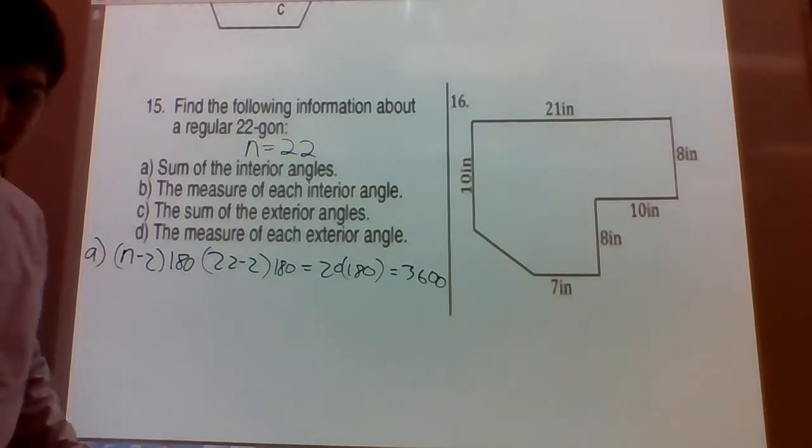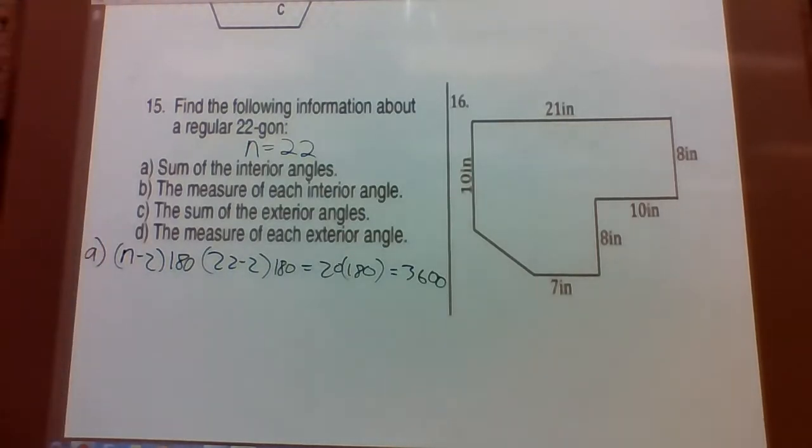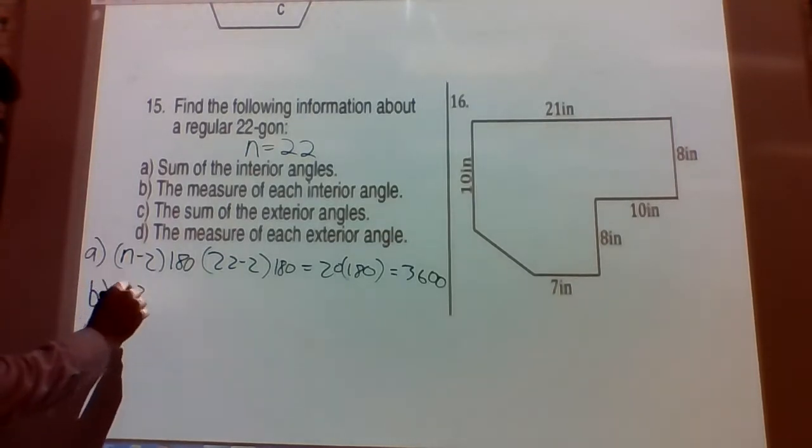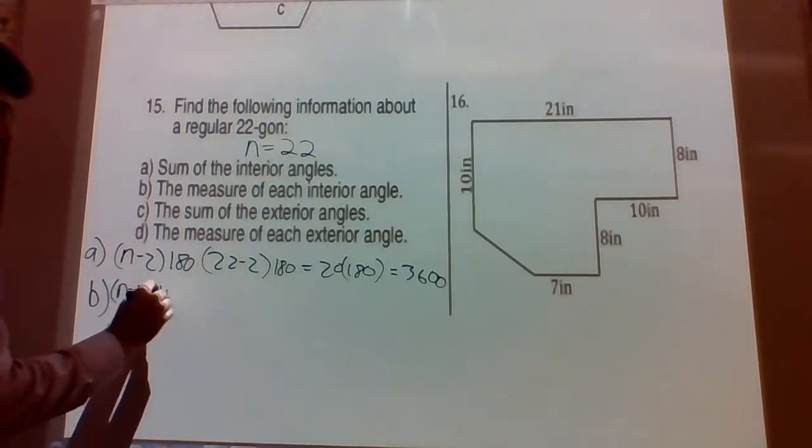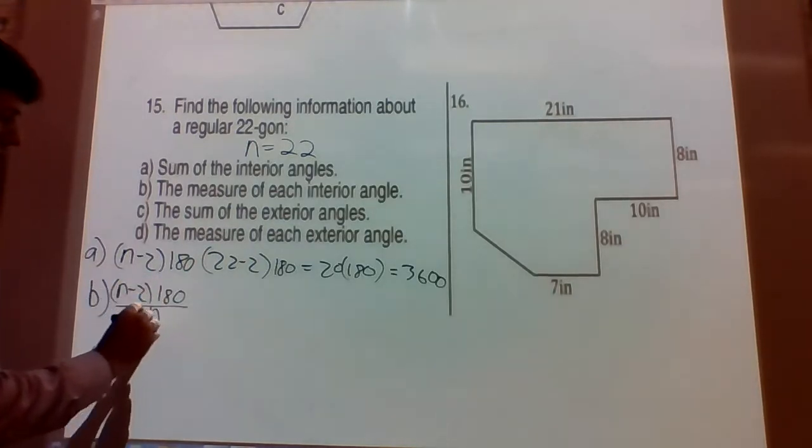I hope. Just so we don't screw it up, let's put it in the calculator. 3,600. The formula here is n minus 2. Then it wants us to measure each interior angle: n minus 2 times 180 divided by n.